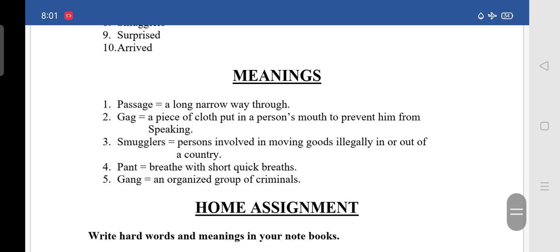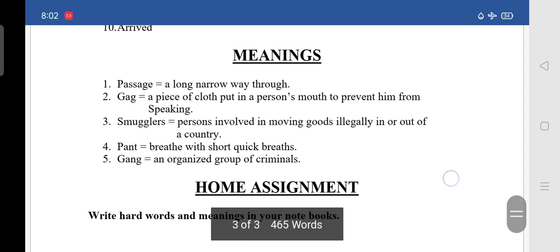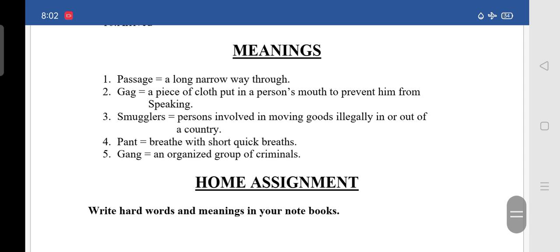Meanings: passage, a long narrow way through. Gag, a piece of cloth put in a person's mouth to prevent him from speaking. Smugglers, persons involved in moving goods illegally in or out of a country. Pant, breathe with short, quick breaths. Gang, an organized group of criminals.